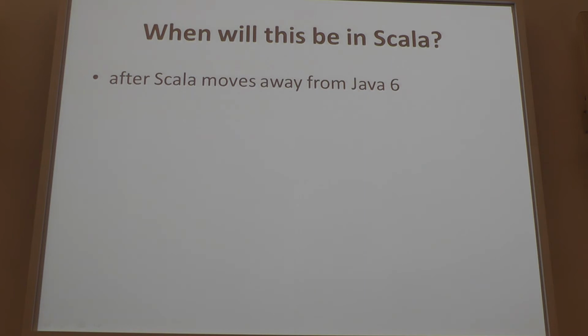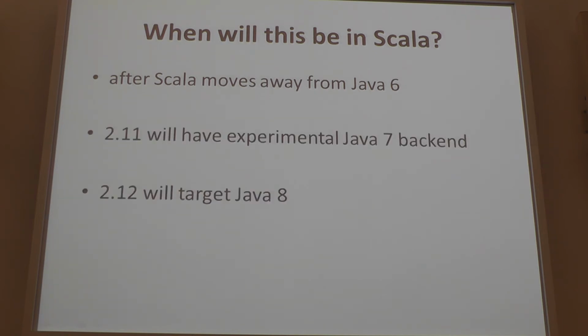For example, I know that Android developers have the Dalvik virtual machine that is basically Java 6. Android doesn't have the invoke dynamic instruction, so Scala wouldn't be usable on Android.